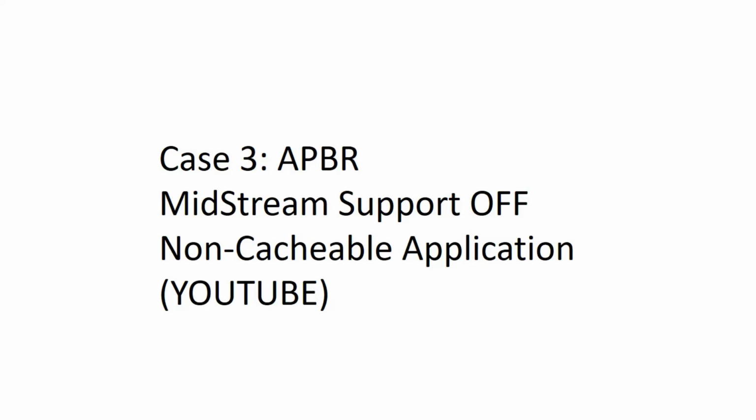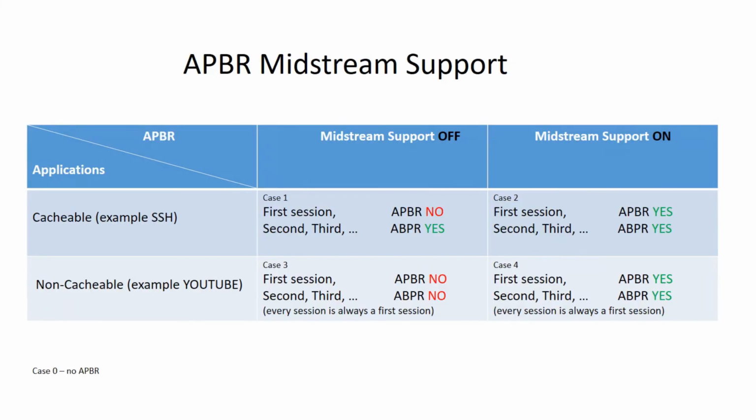Let us now observe a more complex example. We are going to look at a non-cacheable application, namely YouTube. We are going to apply APBR, but in case number 3, midstream support will be off. So let's see where we are.